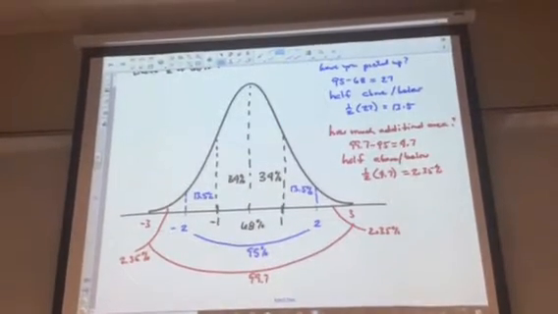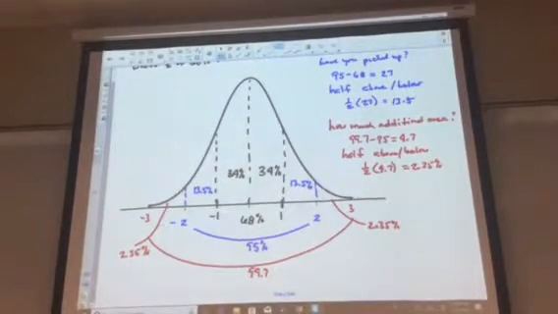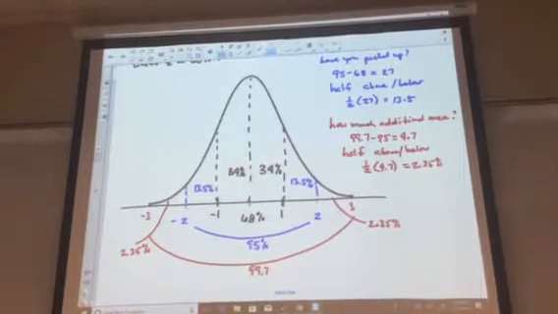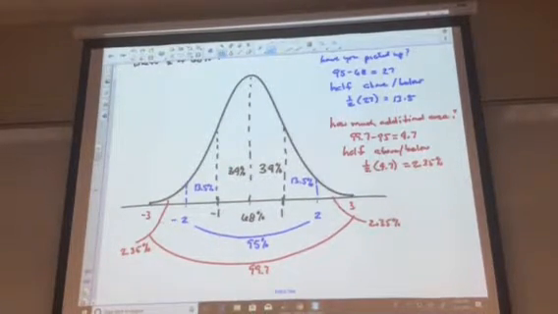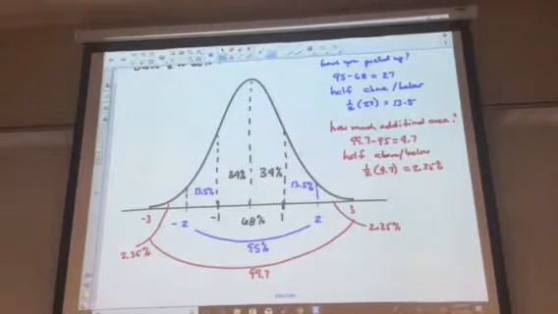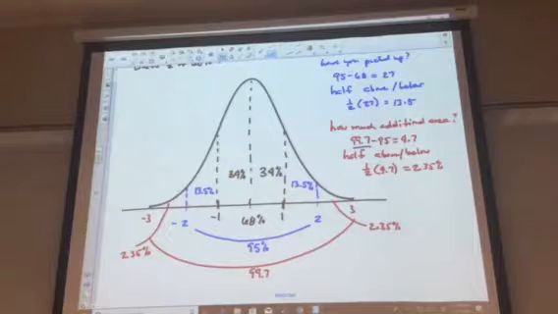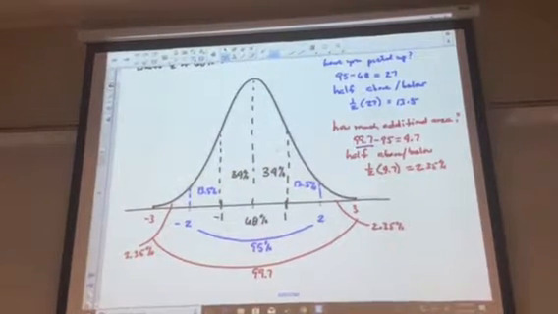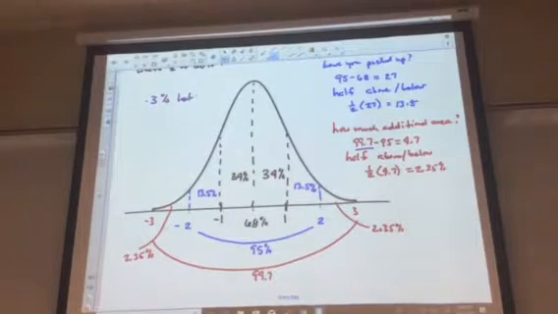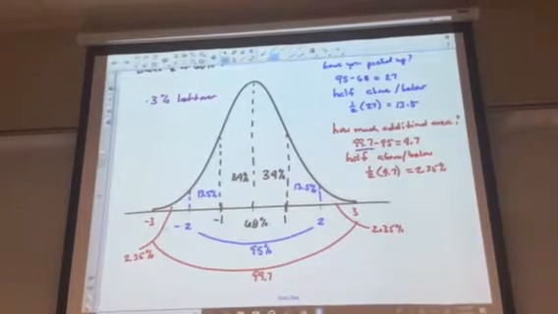And we haven't accounted for all the area yet, have we? What's left over? Well, if you got 99.7, what's left over? 0.3% left over.